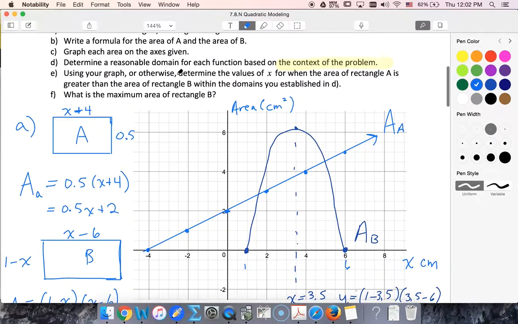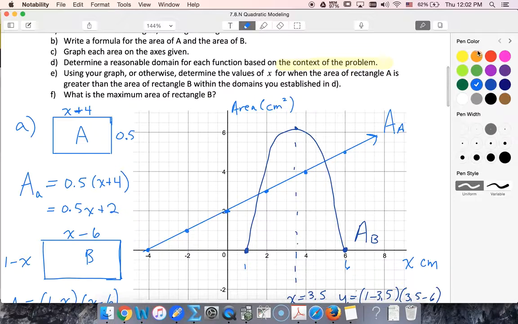Using my graph or otherwise, determine the values of x for when the area of rectangle A is greater than B. So I want A to be bigger than B, but also within my domains established. So I can see that A is bigger than B for all of this because rectangle B is going to have negative area, but negative area doesn't make sense.